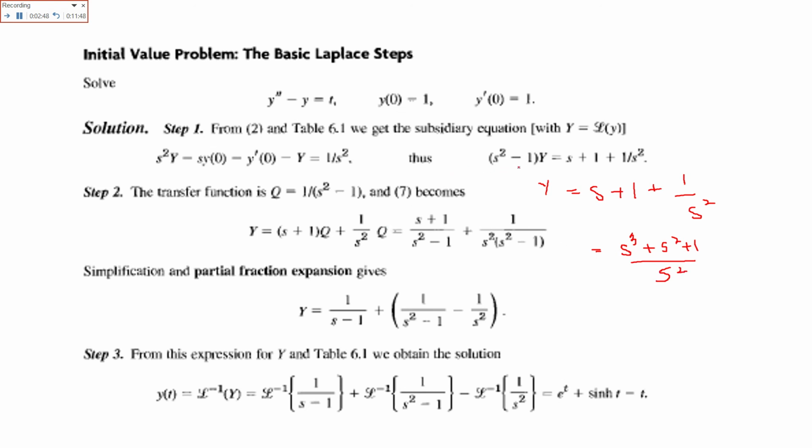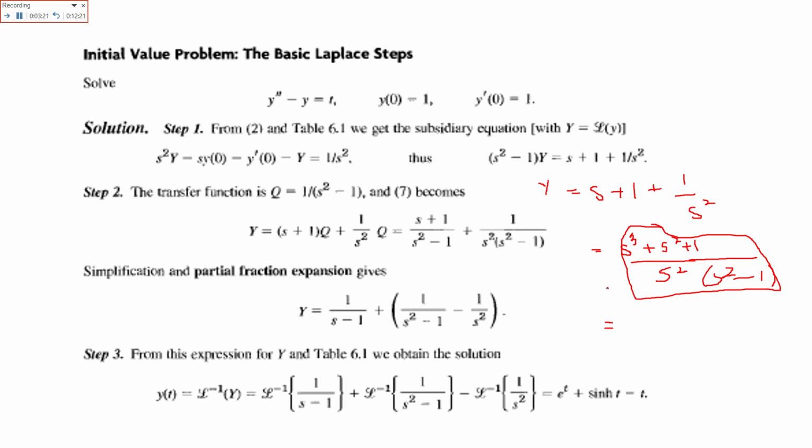Here you have s square minus 1, so you will introduce it as s square minus 1. So now you have to solve this equation.